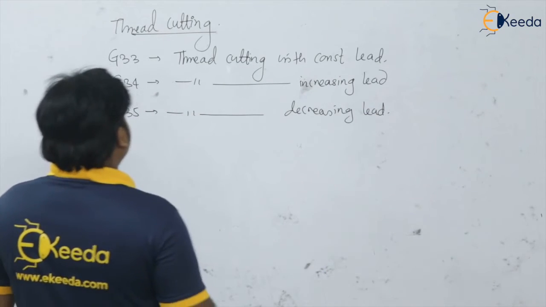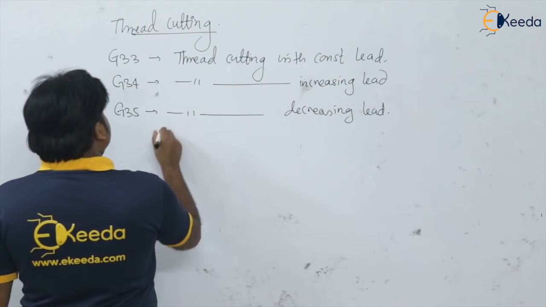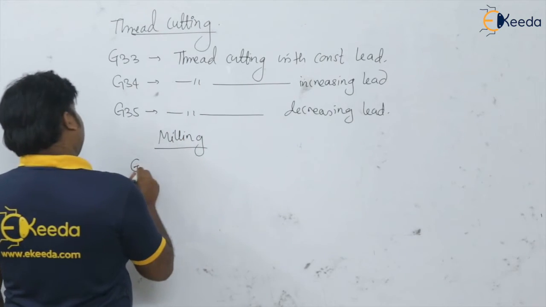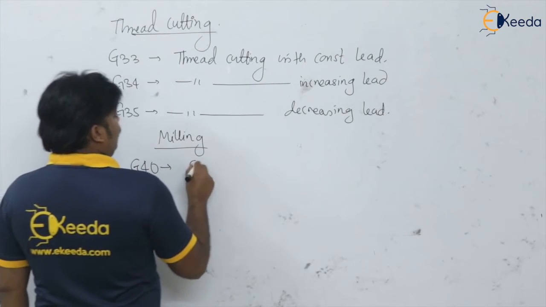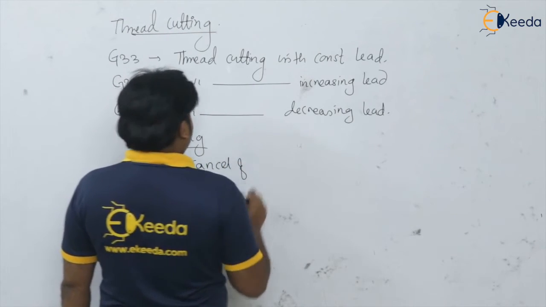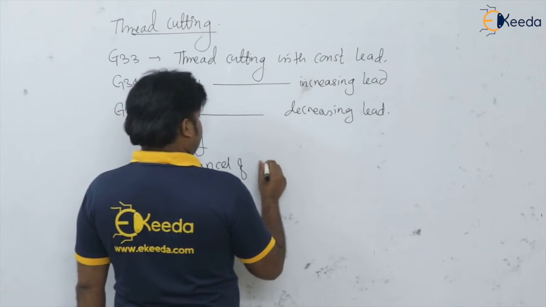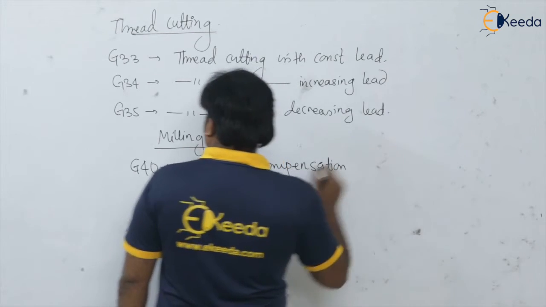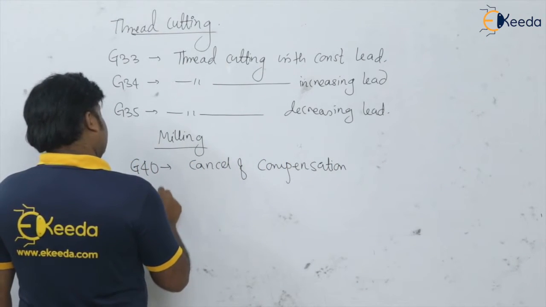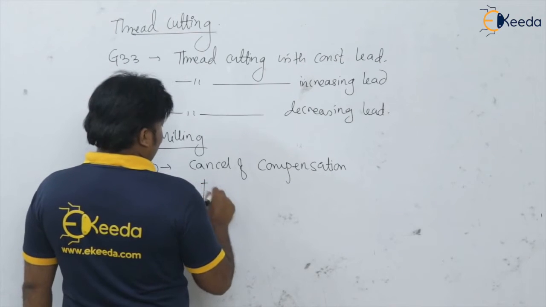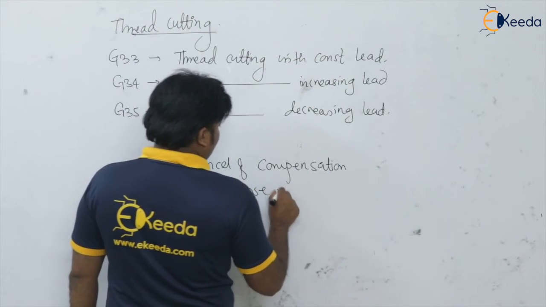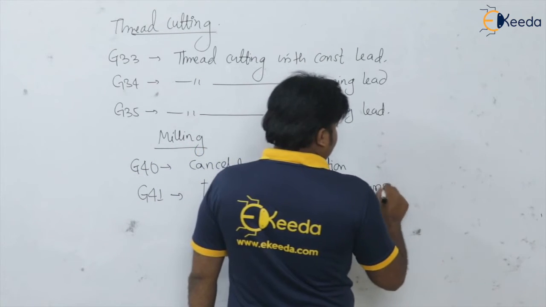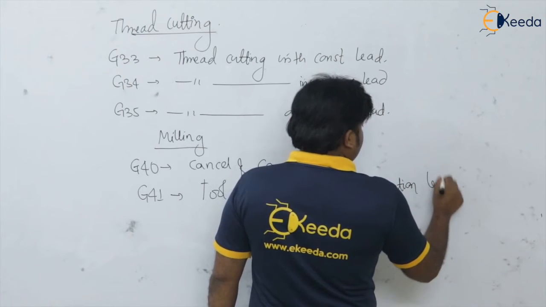Then for milling cutter or milling operation, G40 is the cancel of tool nose radius compensation. G41 we use for tool nose radius compensation left.